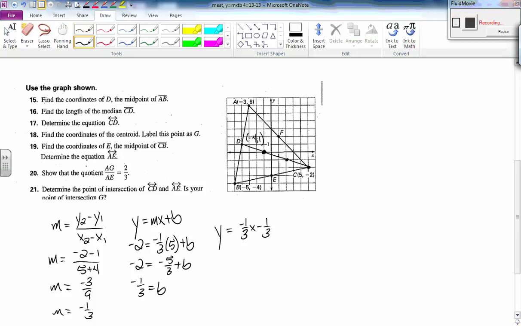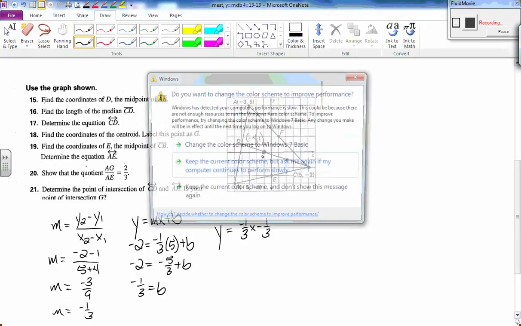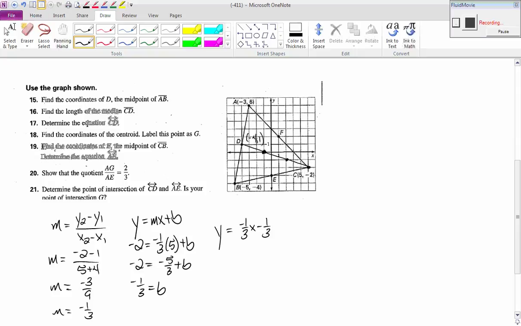We do have a y-intercept of negative 1/3. But also what we see is this slope of rise negative 1, run 3, was used 3 times, creating 3 congruent segments from D to C. Now, if you understand what the centroid is, the centroid is the point of concurrency of the medians of a triangle.